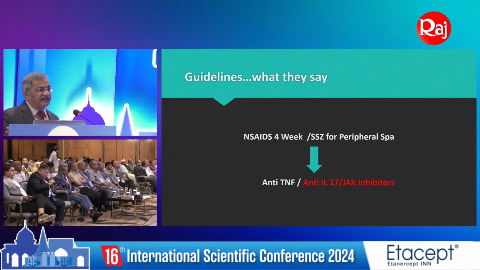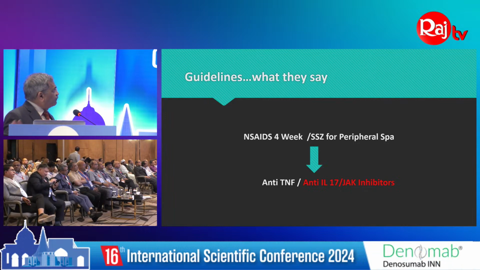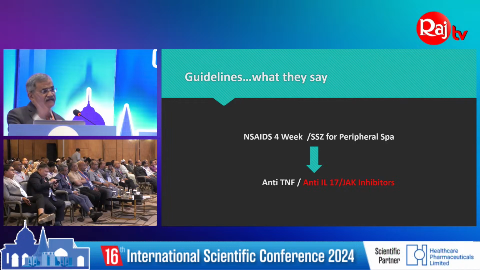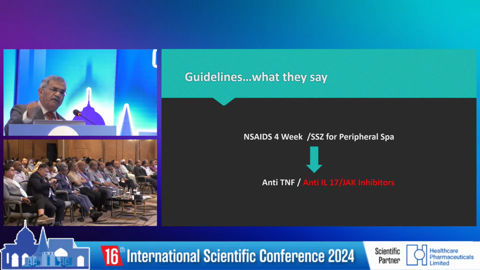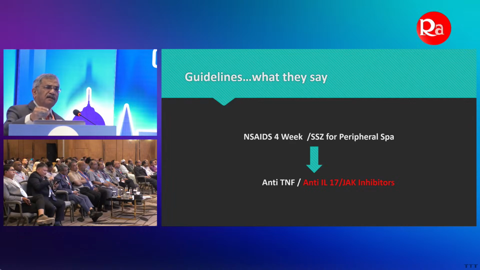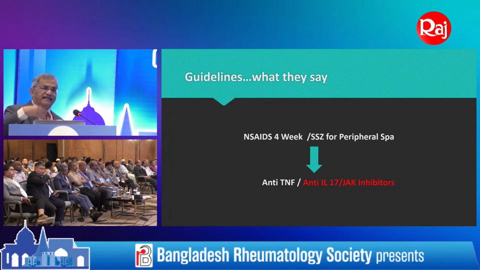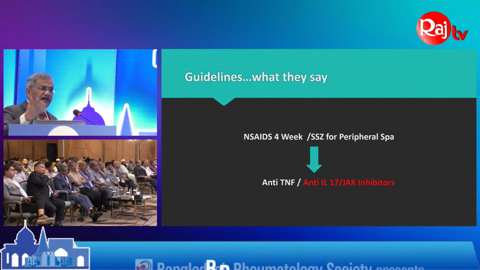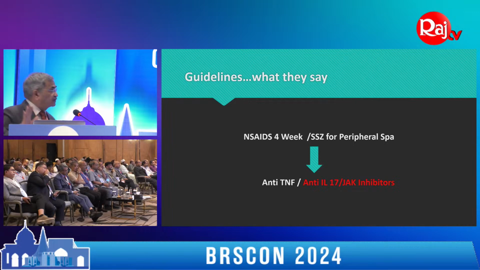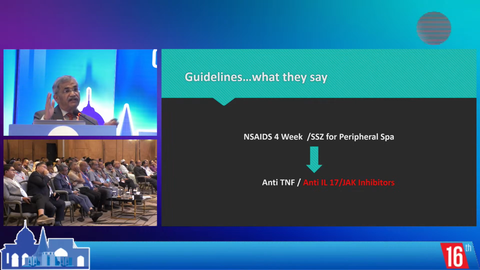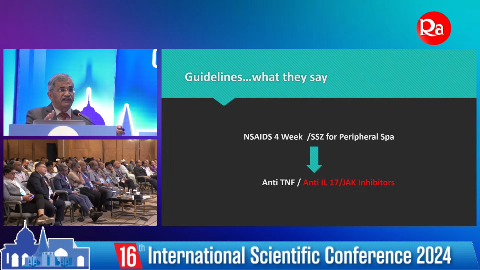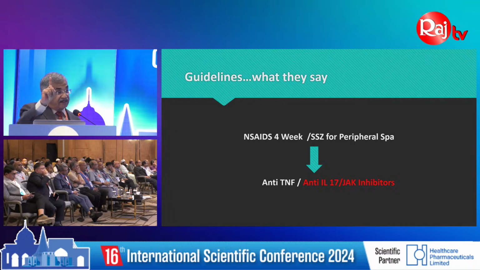The guideline says, for peripheral SpA, sulfasalazine is good. If you have peripheral features, like lower limb oligoarthritis or upper limb oligoarthritis, sulfasalazine works. Use NSAIDs initially, and then use sulfasalazine for the peripheral disease.